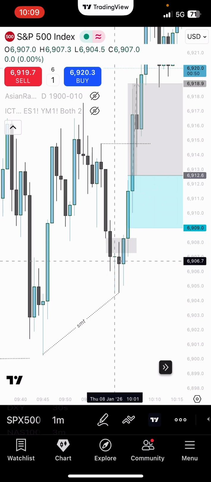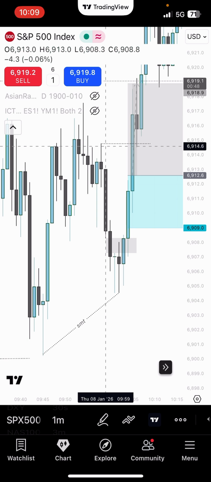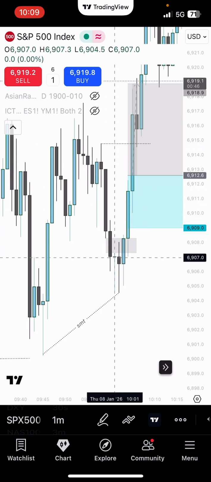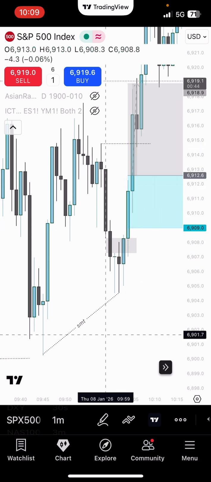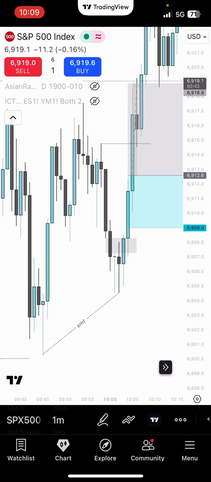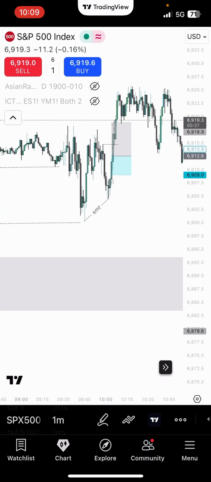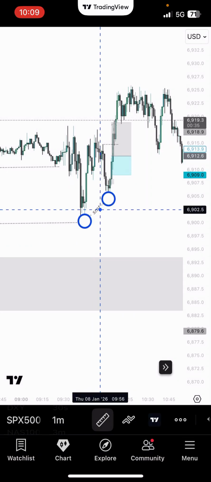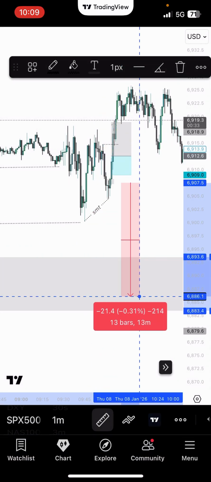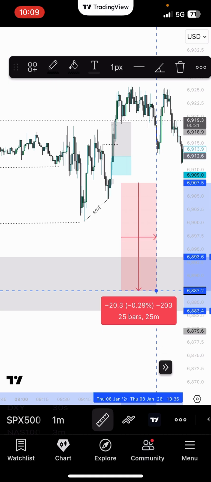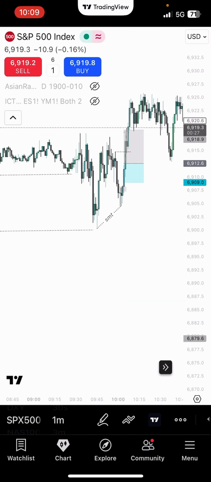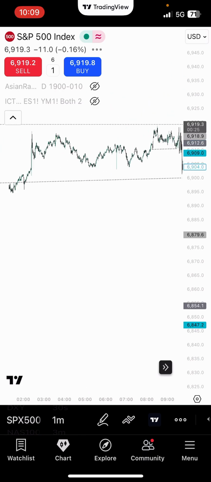So I was just trying to look for this V-shaped recovery, and I eventually saw it. We saw price displace through from this range and gave me a V-shaped recovery, creating an SMS, right, while being far off from trading directly into this 30 minutes.